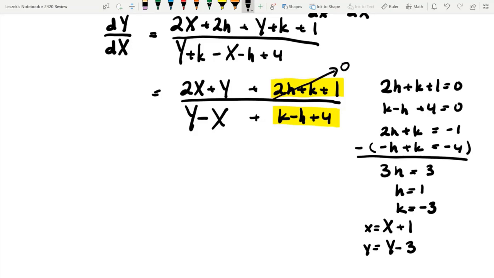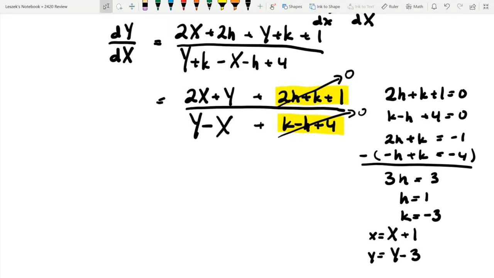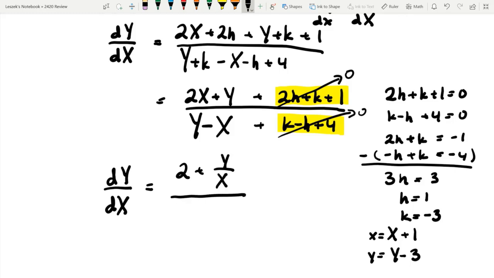We've chosen h and k, so these constants become 0, and now we have a homogeneous differential equation. Divide the top by x, divide the bottom by x at the same time.